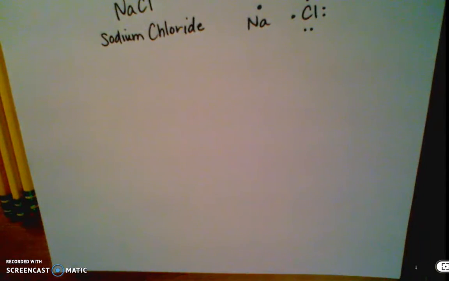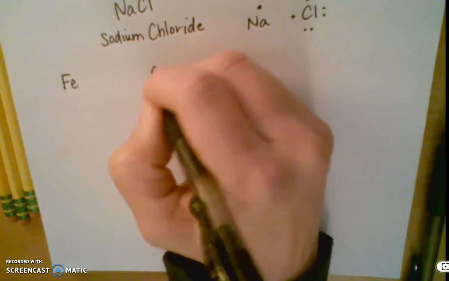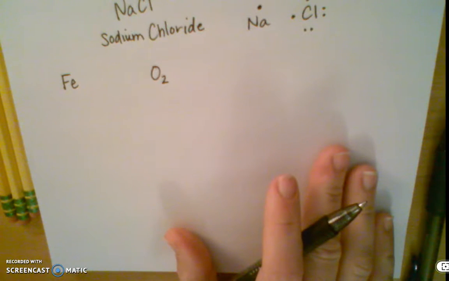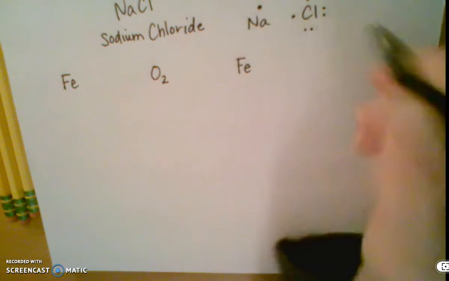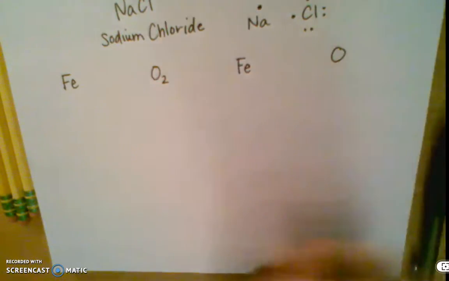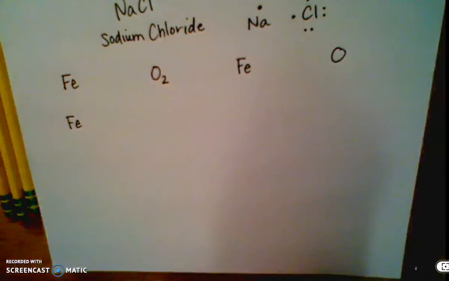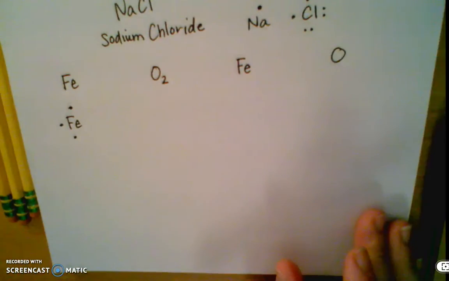Now, we can make these sort of ratios with all sorts of elements. So we're going to bond iron and oxygen. So now iron is a tricky one because technically iron has multiple ions that it can make. So let's say we have another iron and oxygen. This iron here, if I gave you the Lewis structure, would have 3 valence electrons to lose.